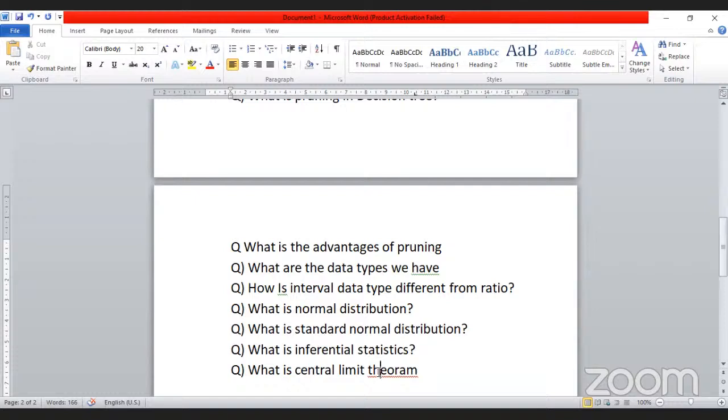Okay. In the central limit theorem, if we plot our population data, it might not follow a normal distribution. Central limit theorem is telling us this.